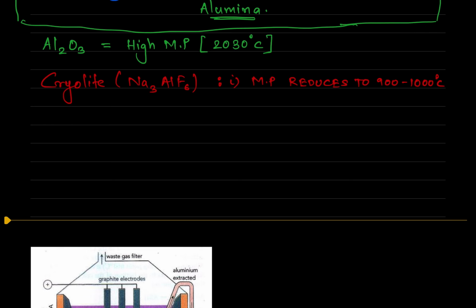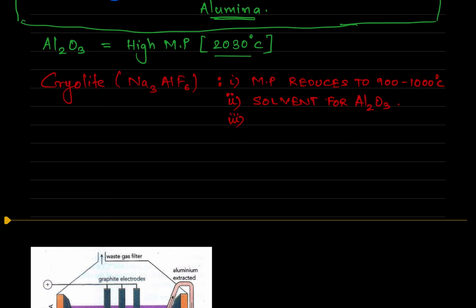So therefore, the melting point has reduced from 2030 to merely around 1000 to 900 degrees Celsius. Okay, the second most important thing is that this acts as a solvent. Okay, cryolite acts as a solvent for Al₂O₃.